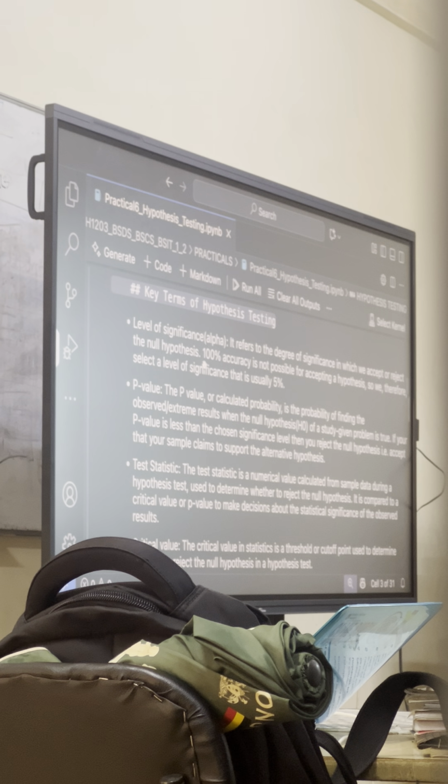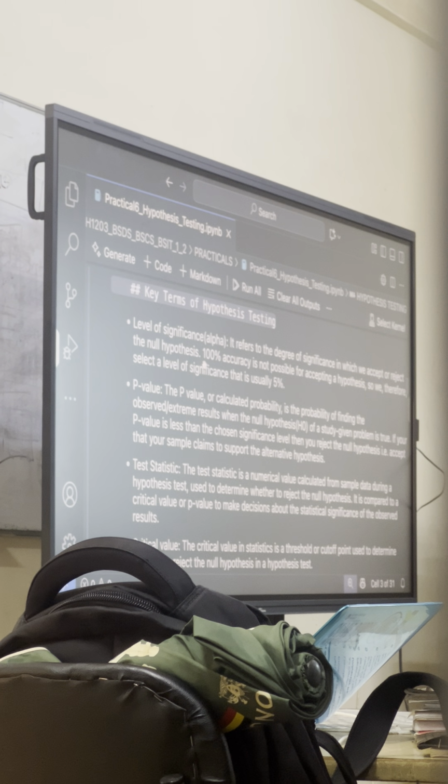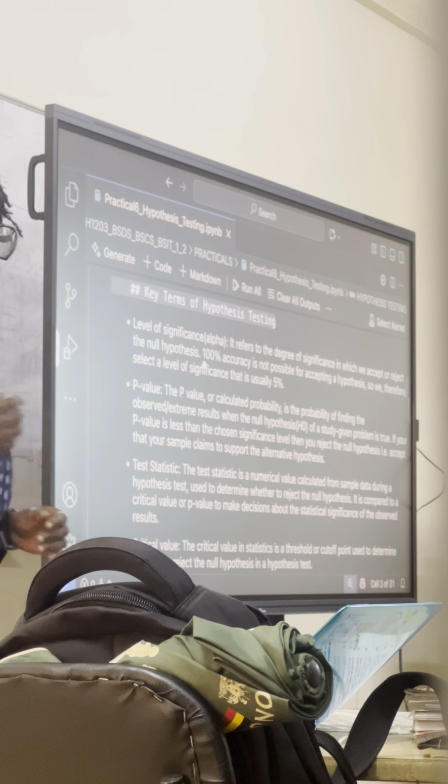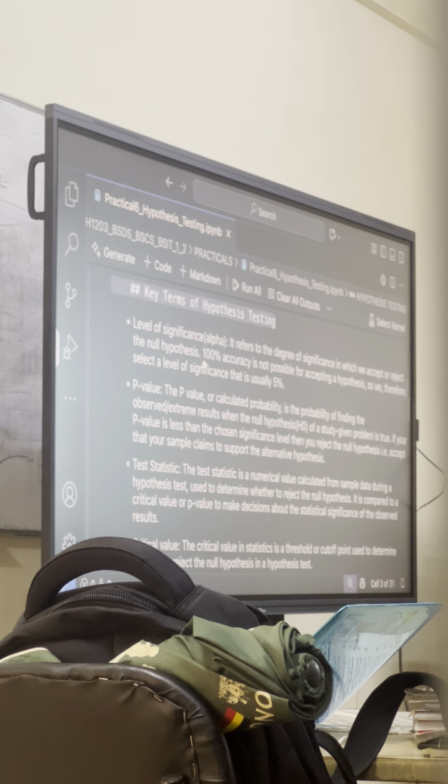Why we select 5% means that we have 95% confidence in our result. The 5% is the margin of error. So we usually state our alpha at 5%. You will see this alpha also written a lot of the time as a decimal or as a ratio, 0.05.